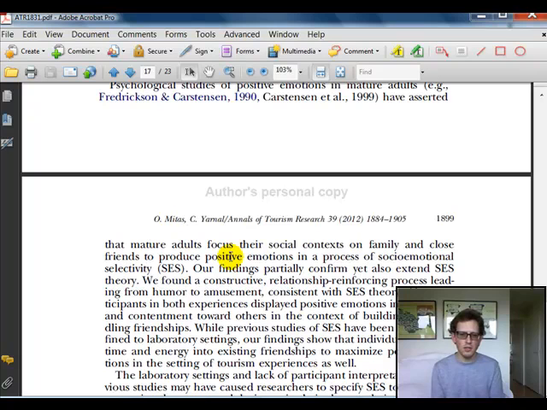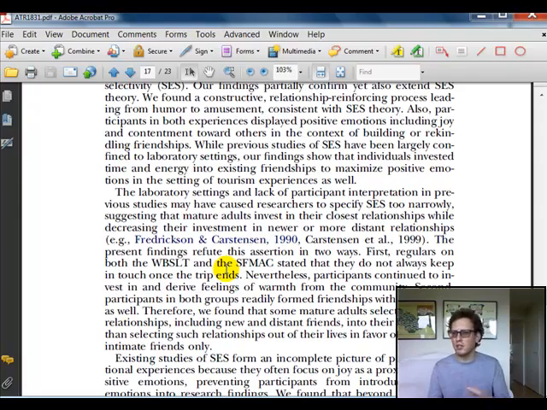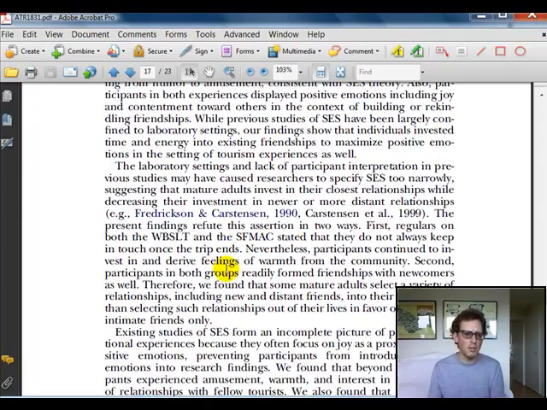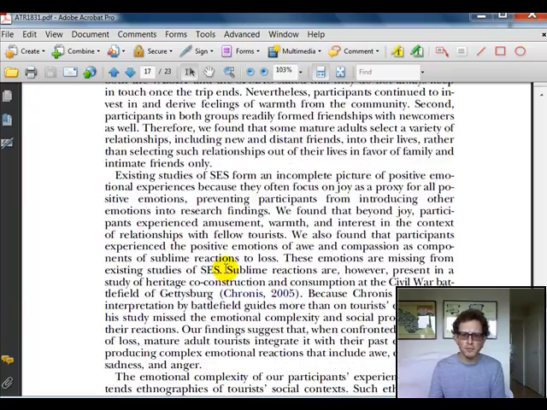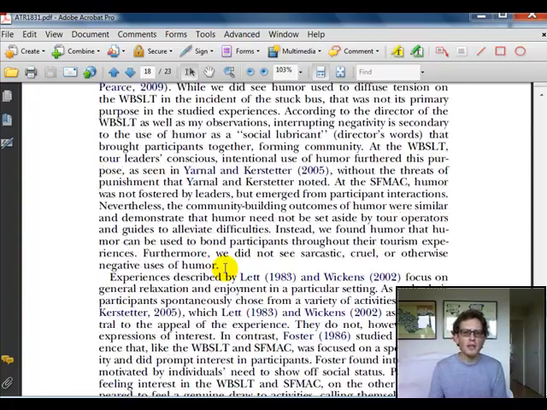And there's quite a number of leisure and tourism studies that have shown that even when people are quite old and they're thinking about death and they're thinking about their legacy, they still continue to make new friends. So that's one of the contributions of this, and also many other papers, to the discussion about how older people make friends. So here we make other points like that.